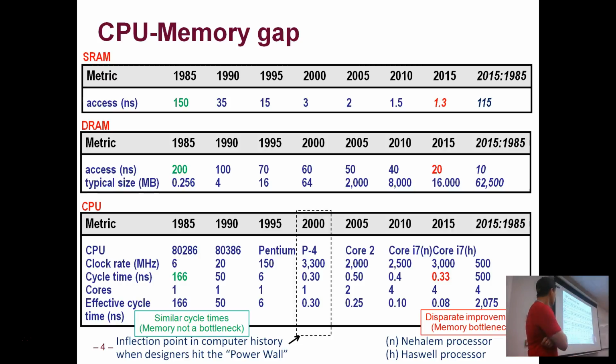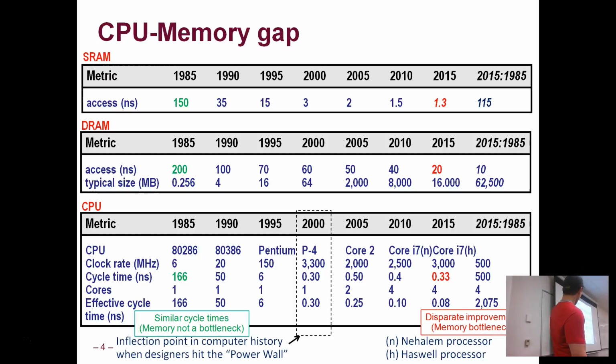One of the things that happened in the last 20 years is that the speed gap between the CPU and the rest of memory has gotten wider. All the way on the left is 1985, and if you look at the cycle times of static memory, dynamic memory, and CPU, they're all pretty much the same, right?